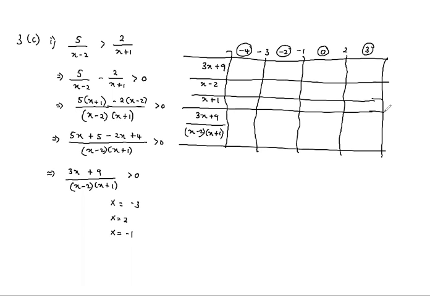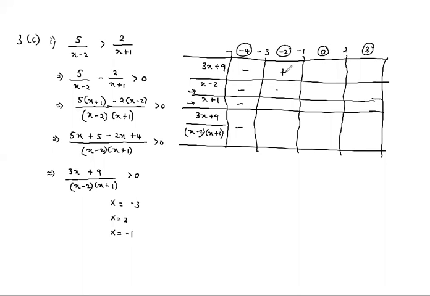When this is negative 4 here, what do we get? We get negative 12 plus 9, which is minus. Negative 4 in here, minus. Negative 4 here, minus. Everything when you multiply, minus. Negative 2 there, you get negative 6 plus 9, positive.